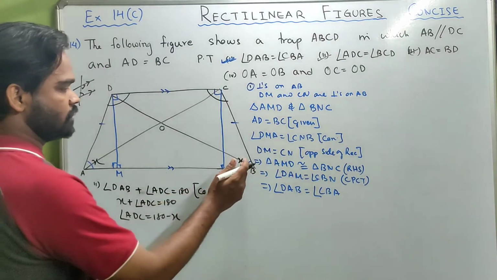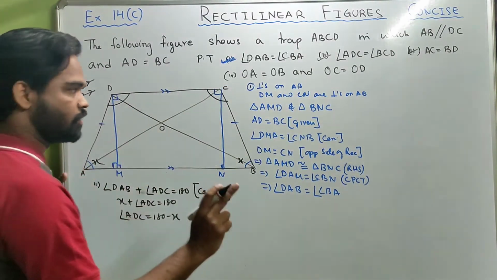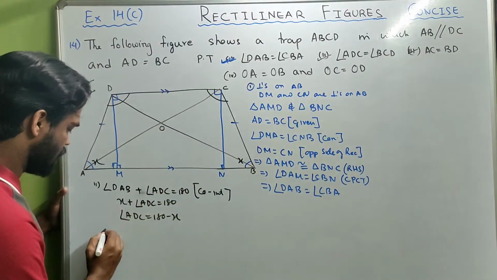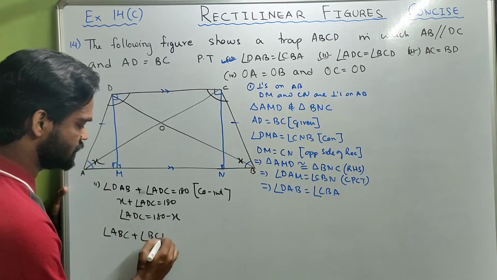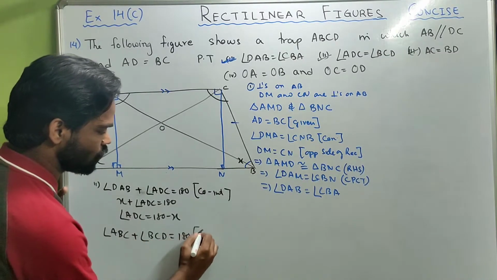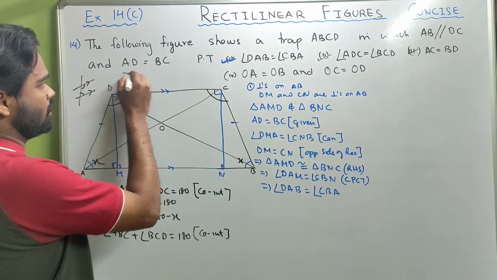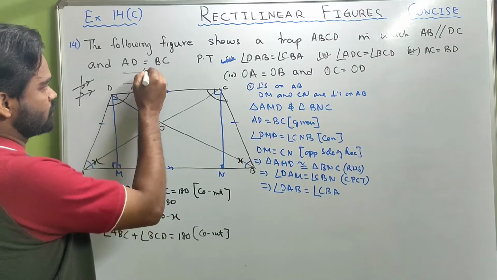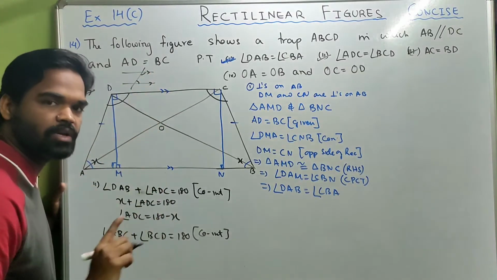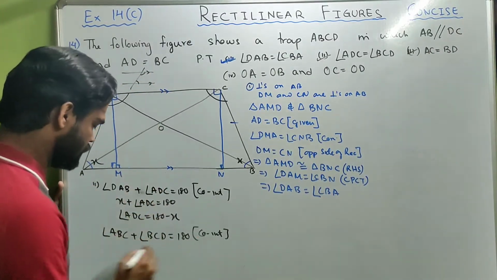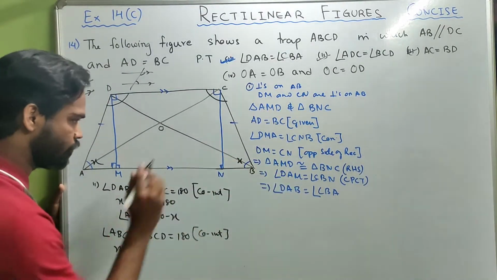Similarly, if you see, angle ABC plus angle BCD is equal to 180, co-interior, they are supplementary, isn't it? If two lines are parallel and this is a transversal, then this angle and this angle add to give 180, supplementary. Angle ABC we have marked as X because these two angles are equal, we have already proved over here.